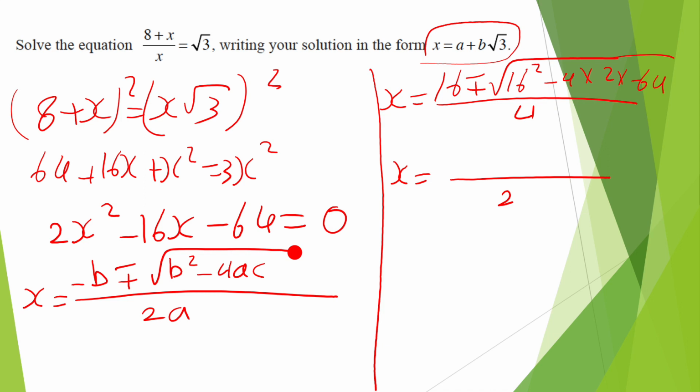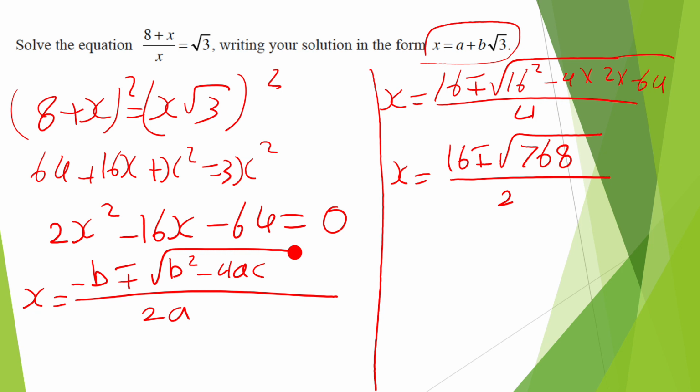And now I'll work out what's under the square root. So 16 squared minus 4 times 2 times negative 64. I got 768. So now I have the square root of 3. It's written like that, so that gives you a hint that I need to find factors: 3 times what gives me 768, and that probably will be a square number.